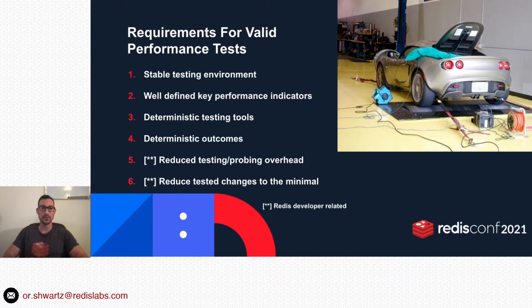First, you should use a stable testing environment and minimize the environment variance. You need to make sure that your testing environment matches your production environment, because what we don't want is to deploy in production and later find out that our infrastructure can't handle the predicted loads. So this is regarding the environment.